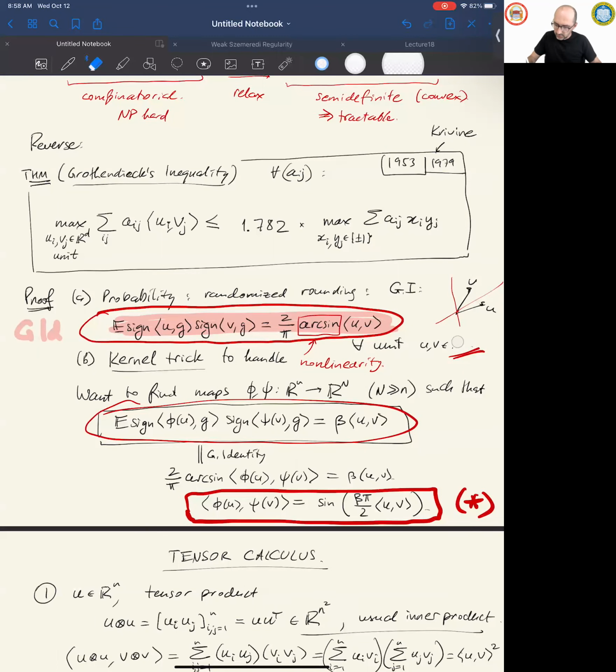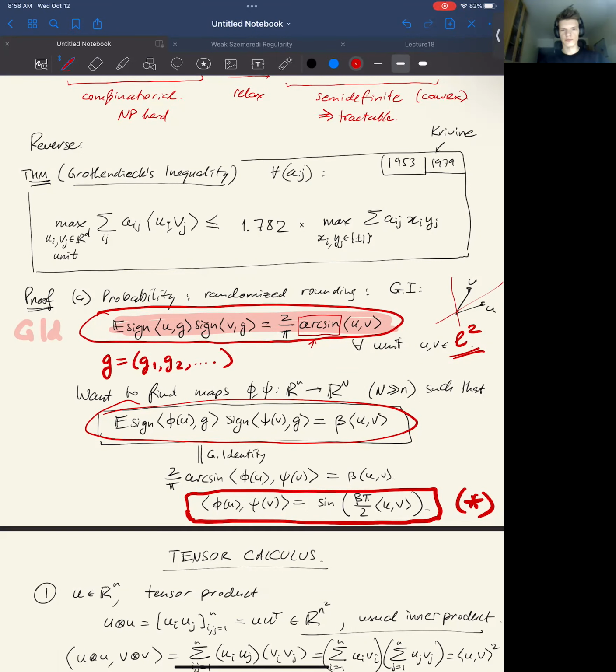So I should have said this is L2 now, and G is a normal vector in infinite dimension, G1, G2, etc. Does it lie in L2? Does it have finite norm? Oh, crazy! No, it doesn't.